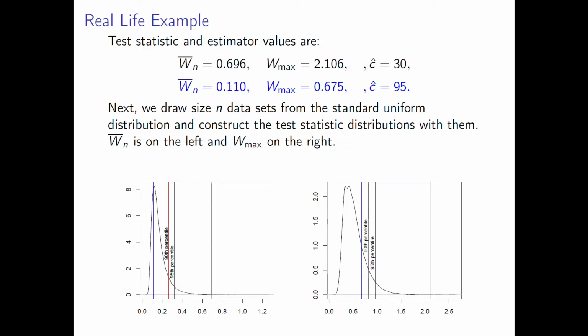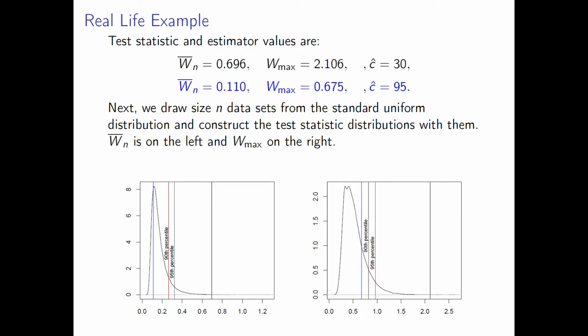So it's on the left of the 90th percentile, 95th percentile, and obviously also the 99th percentile, if that's what we are interested in. But for the black data set, you can see that it's on the right side of the 90th percentile and also the 95th percentile. So it means that if we set the significance level to be 0.1 or 0.05, we can reject the null hypothesis for the black data set, but not for the blue data set.